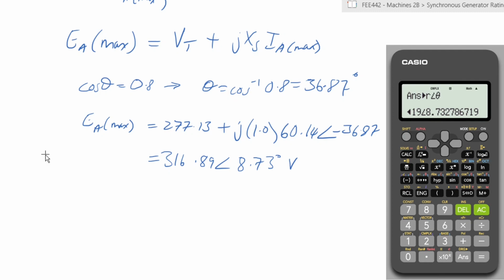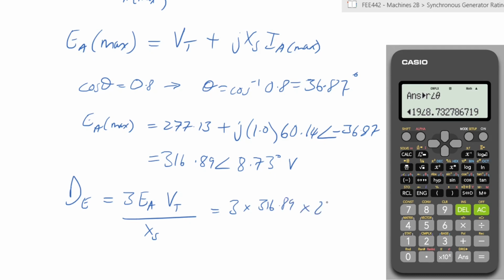So this was done in order that we can get our DE, which is what we will need when we are drawing our capability curve. So DE is equal to 3EA times VT over XS. So it will be 3 times 316.89 times 277.13 over 1.